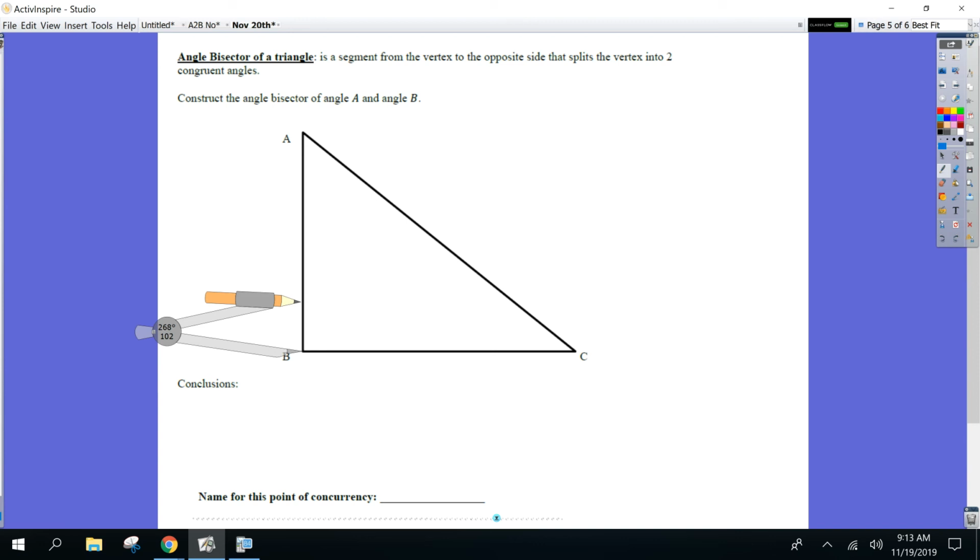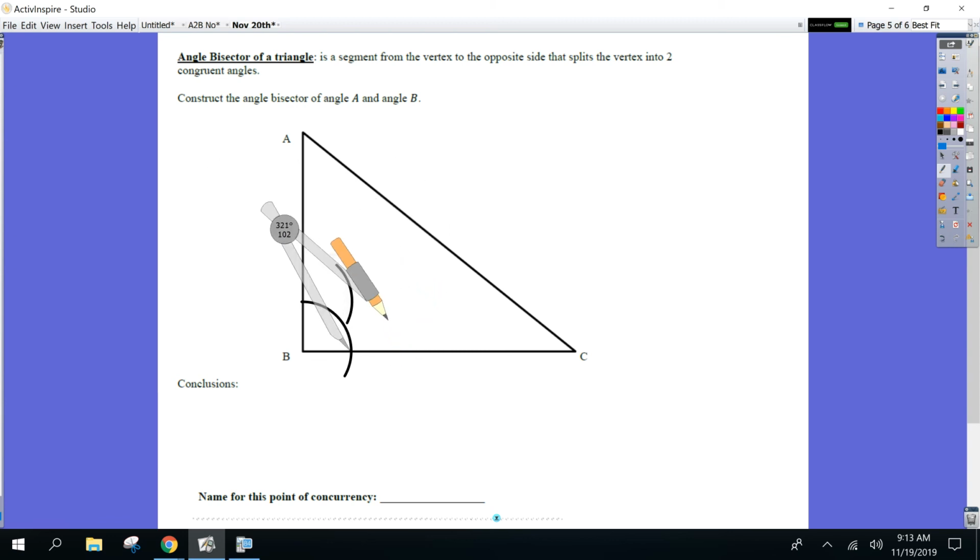Go ahead and make an arc through angle B. Put your compass point on one of the points of intersection you just made. And make an arc above the first one. Keep the compass opening the same. Go down to the second point of intersection.